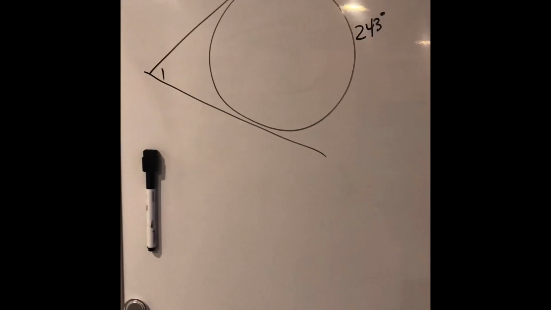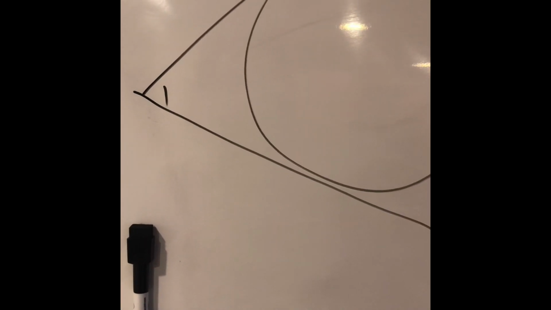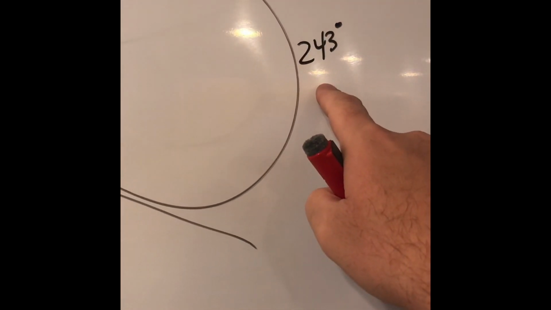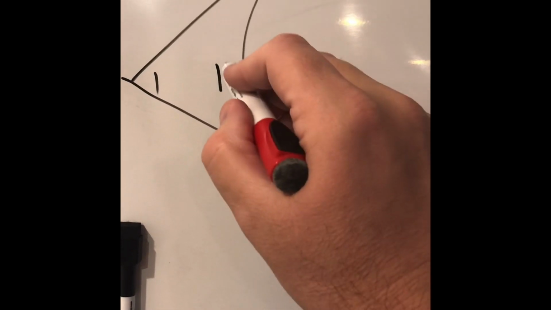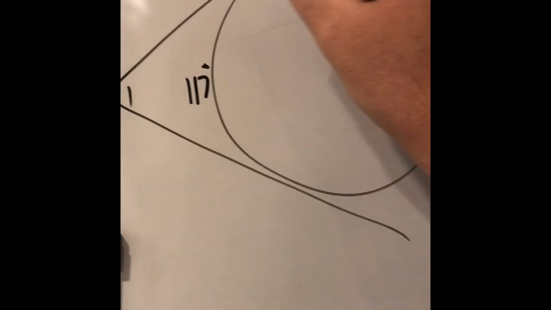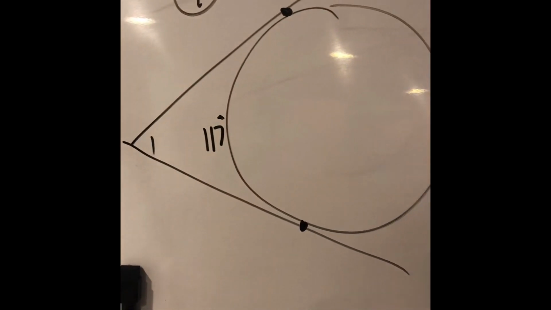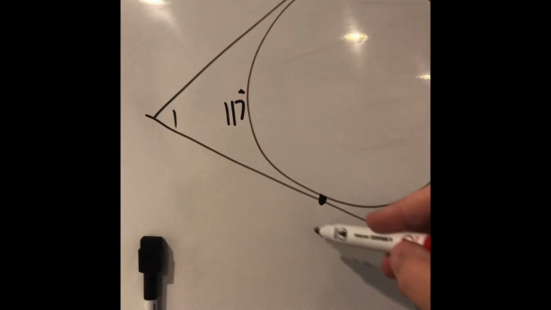Next, number 7. Again, we're trying to find angle 1. This is a tangent angle, okay? If you remember, in a tangent angle, the two arcs are going to add up to be 360. So if this arc is 243, then this arc here is going to be 117. So this arc from point to point going this way is 243, and this arc here is 117.